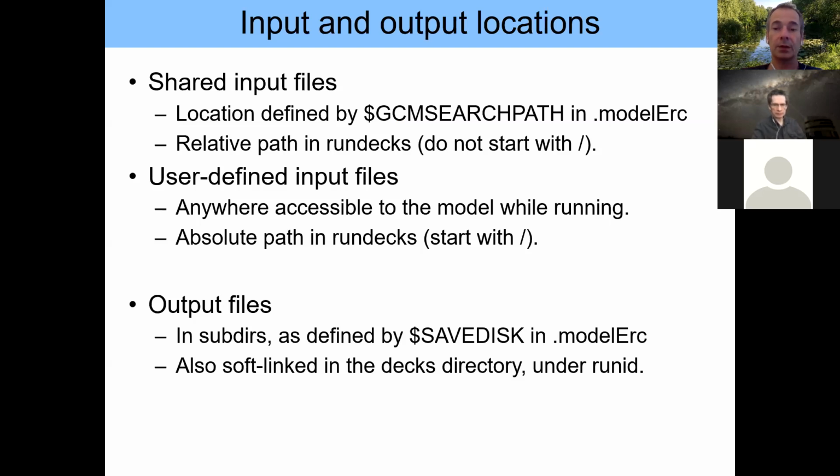Then if for some reason you don't have a file in that directory or directory tree, and you need to point to a file from somewhere else, then you need to provide a full path. So in the rundec, and we will go through that, if you say here's an input file, and the file name does not start with a slash, then the model will try to find it inside the GCM search path that you have defined. If it does start with a slash, then you have to provide the full path.